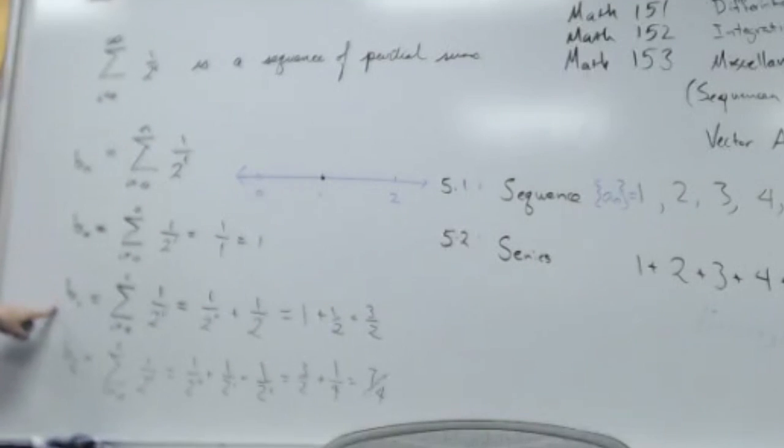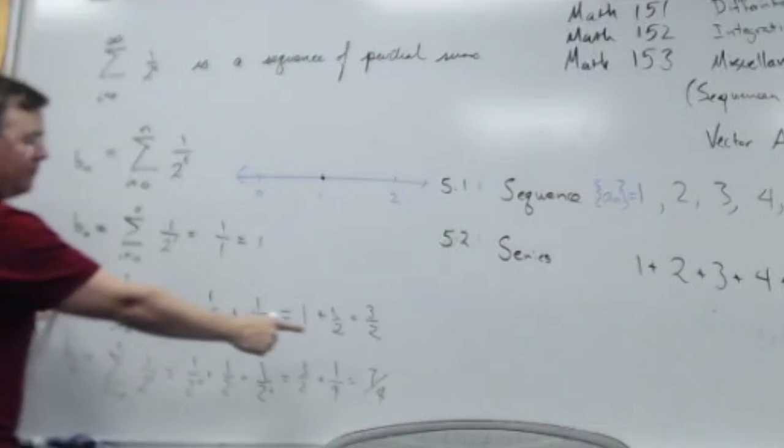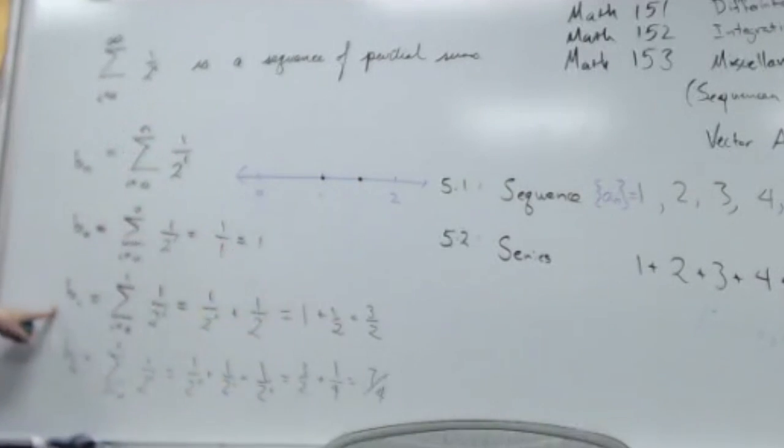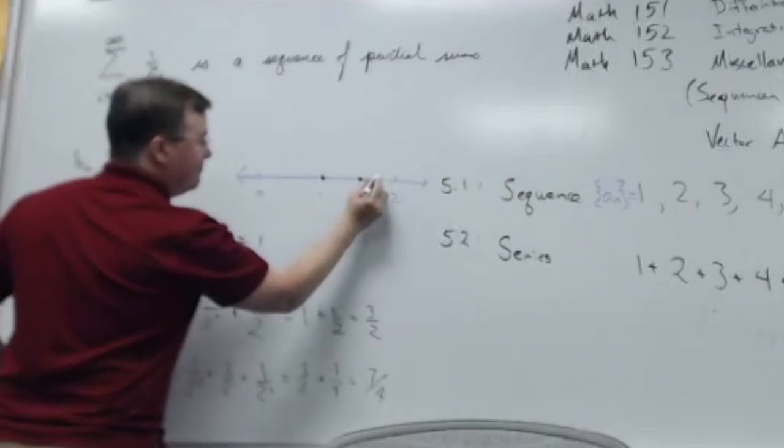But then from there I add 1/2 to that. So I get 3/2 or 1 1/2, right? And then I add 1/4 to that. So now it's right there.